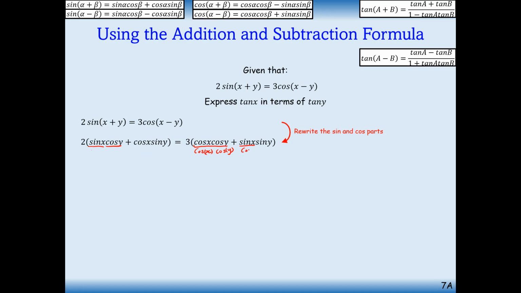This term here will become a tan of x, and cos y here will turn this into tan of y. Similarly for tan x, cos y and cos x here will cancel away these two and leave tan of y here.